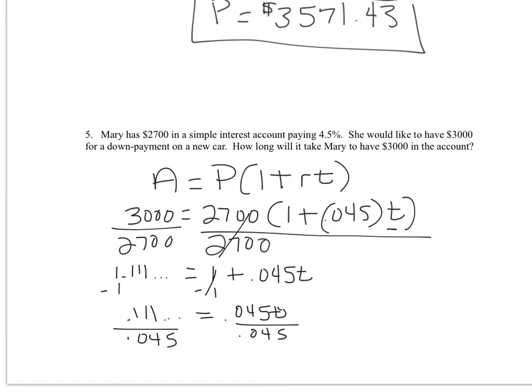And we come up with a value of t that is about 2.469..., which if I'm rounding to the nearest tenth of a year, that would be one place to the right. So that would be about 2.5 years, around 2.5 years.